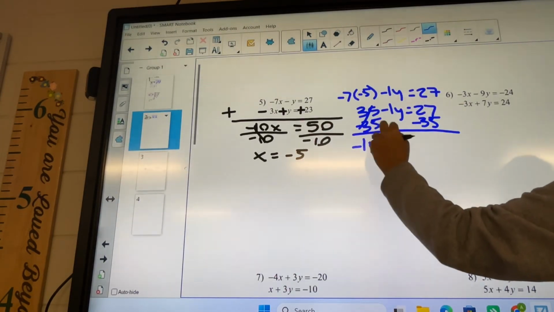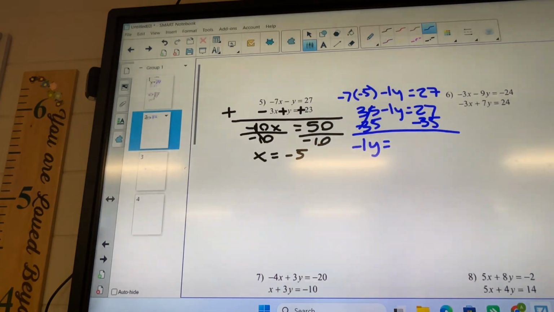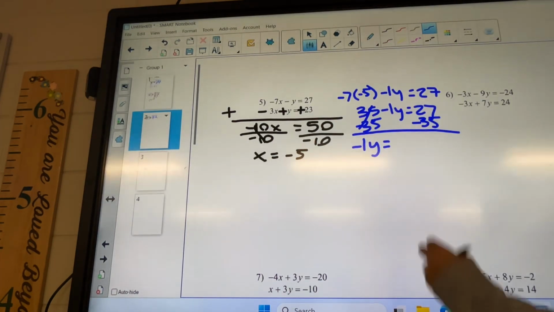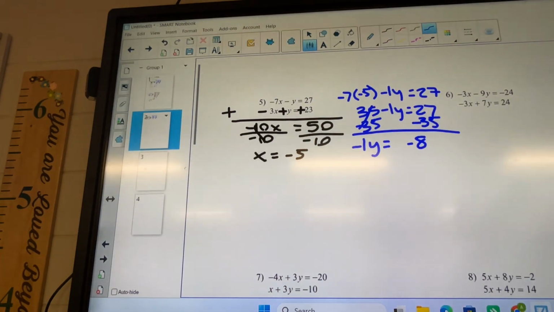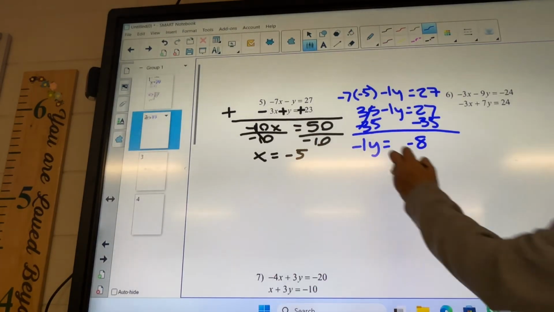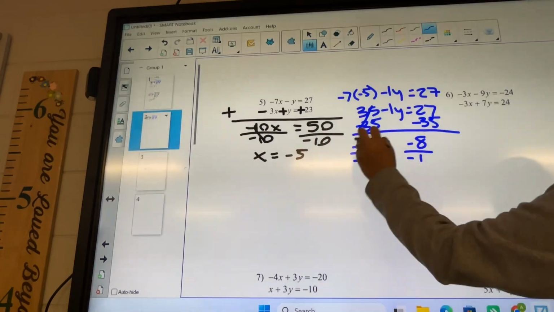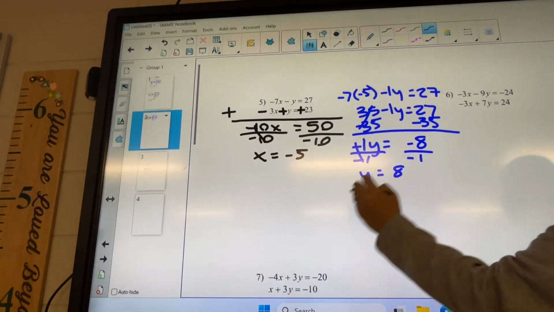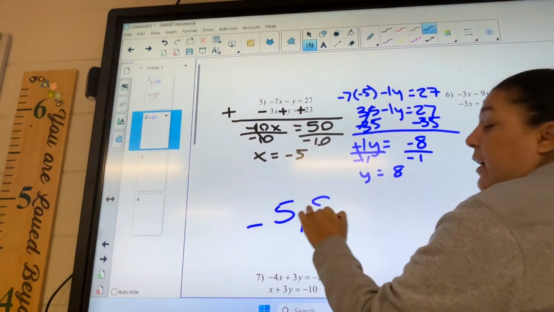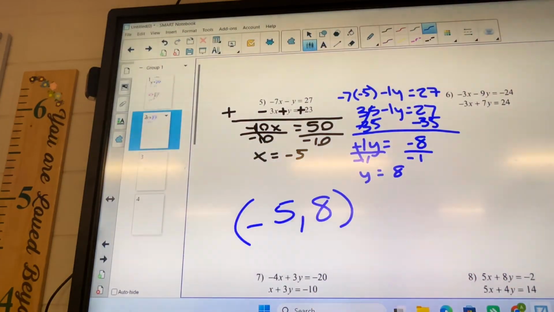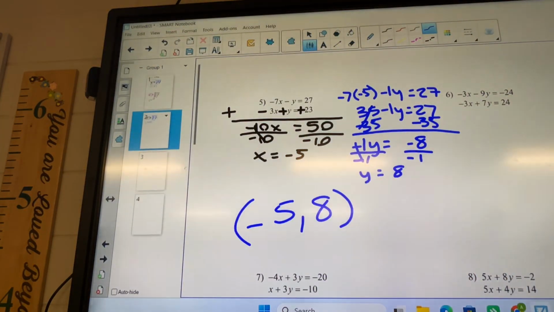And I get negative 1y equals negative 8. And then I'm going to divide by negative 1. And that gives me y equals 8. So it's going to be negative 5 comma 8.